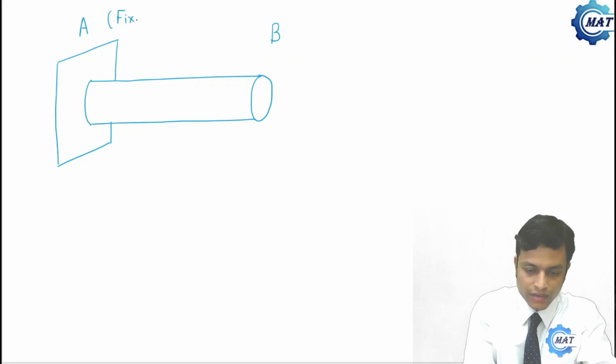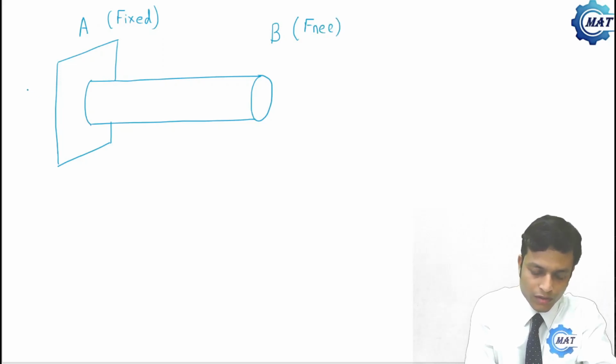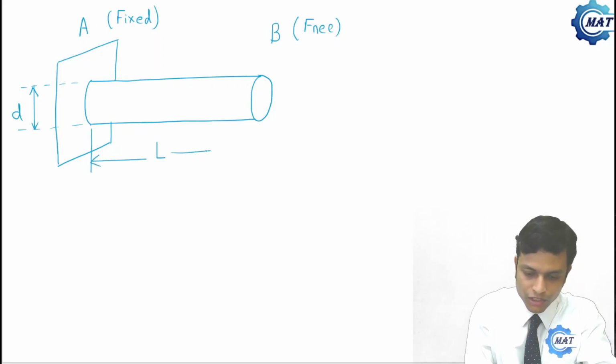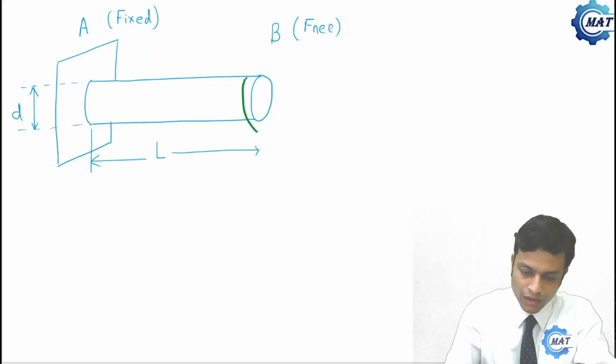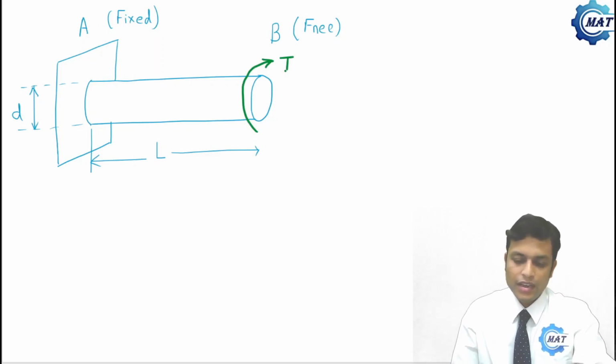This is fixed end and this is free end. So this is one circular shaft with diameter d and length L. Length of the shaft is L. And this shaft is subjected to a twisting moment or torsional moment T at the free end B.